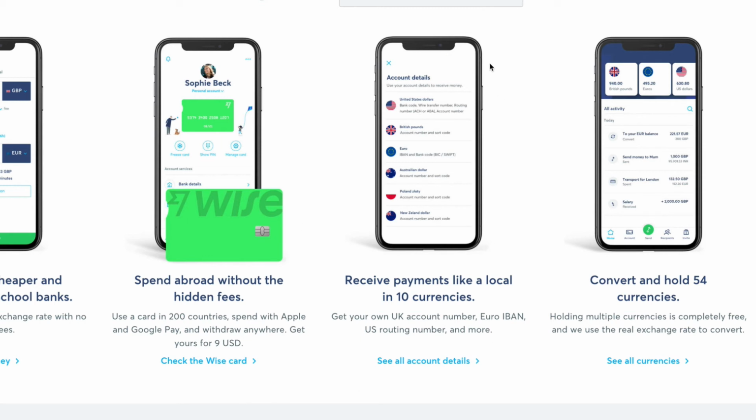The next service is that they also give you international account numbers, so bank account numbers. This is really good if you're going abroad for work and travel, or if you're a freelancer working in Europe, because then, let's say you live in America, you know the concept of routing numbers and account numbers.